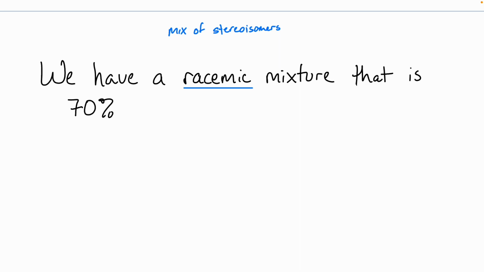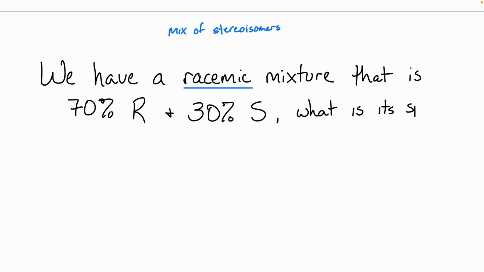Say we have a mixture that is 70% the R isomer and 30% the S isomer. What would be the specific rotation observed for this sample?